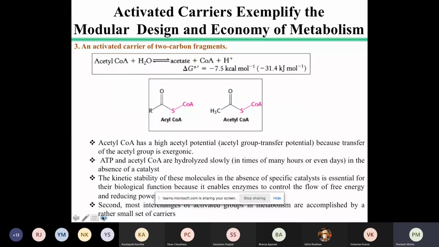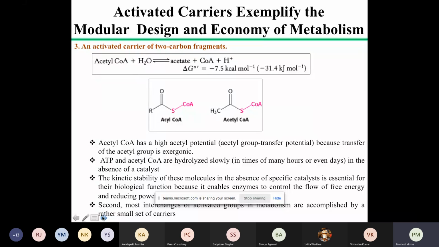This reaction shows that when acetyl CoA is hydrolyzed, you get acetate plus coenzyme A, and during this process delta G is minus 7.5. That means if I have to transfer an acyl group or acetyl group to any molecule, the presence of acetyl CoA can help this process. It will not require further energy.